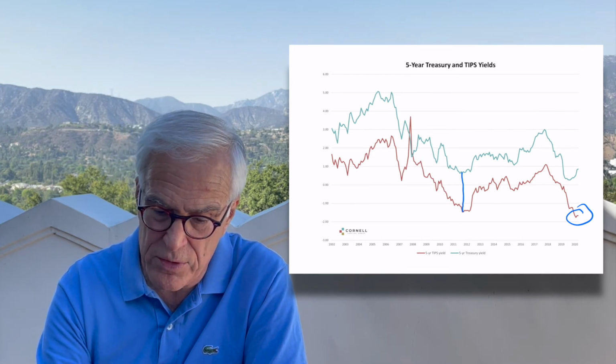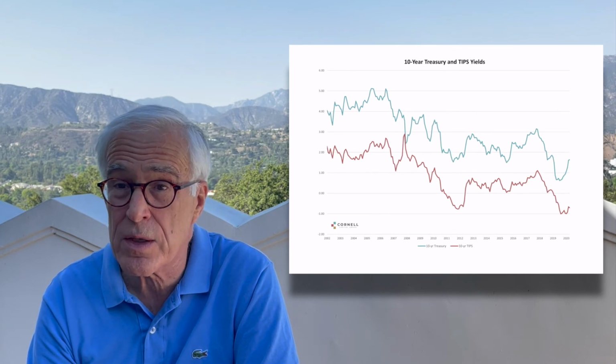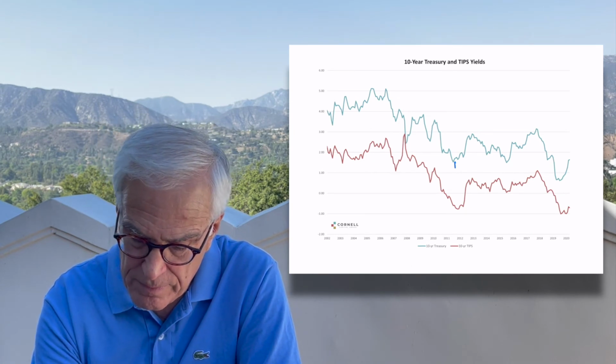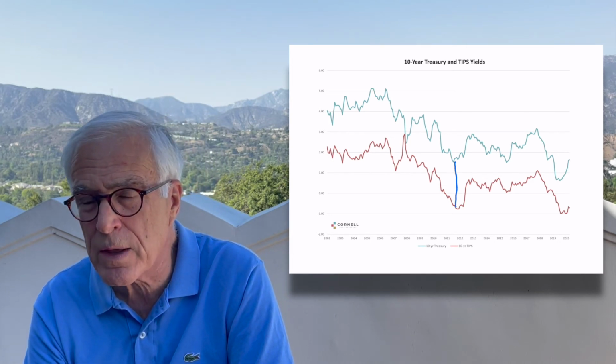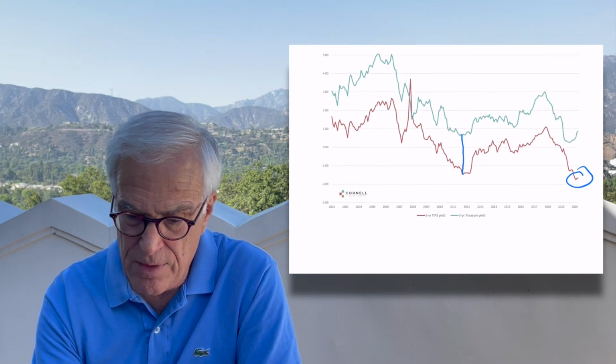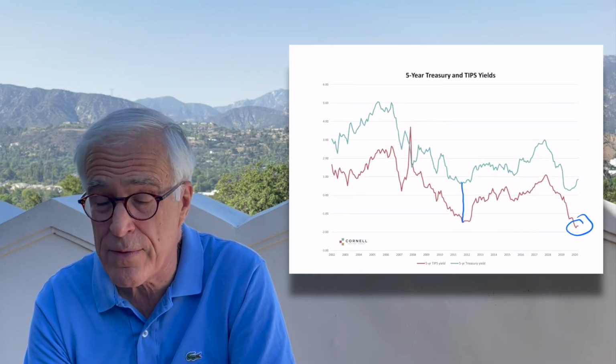That's for 5 years. You can do exactly the same thing with the 10-year treasury and the 10-year TIPS. So if I compute this difference, that's going to be a measure of expected inflation over the next 10 years. And the 5-year is going to be a measure of expected inflation over the next 5 years.